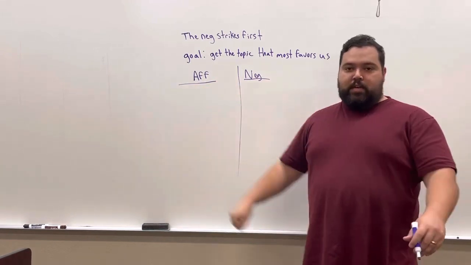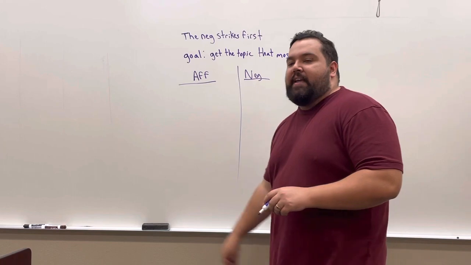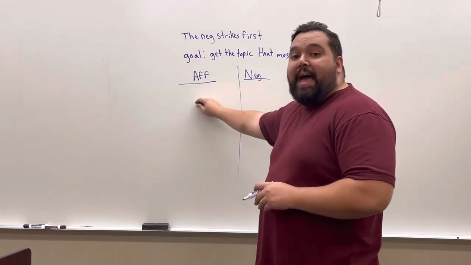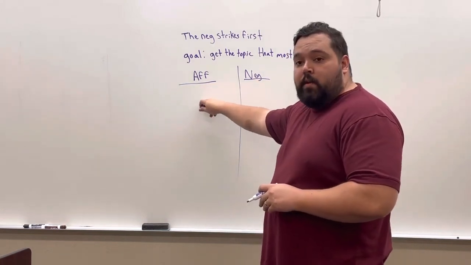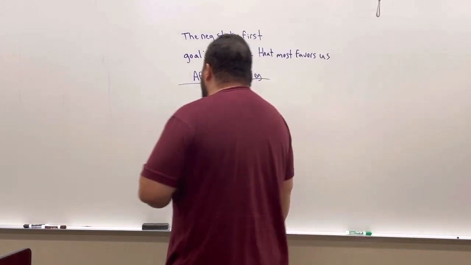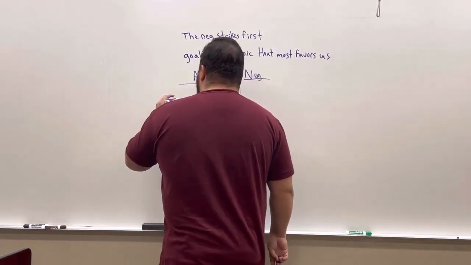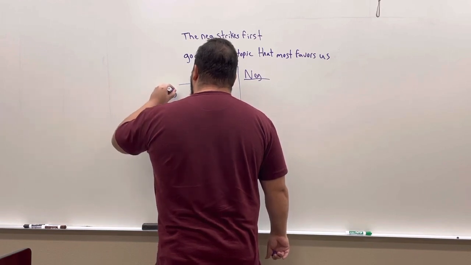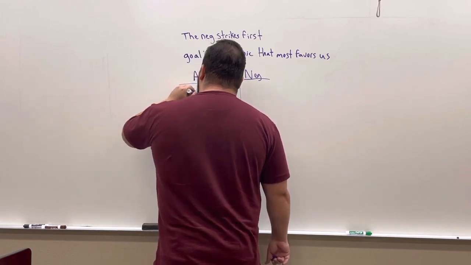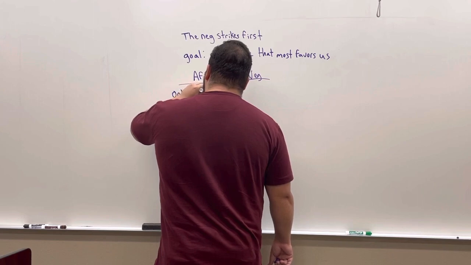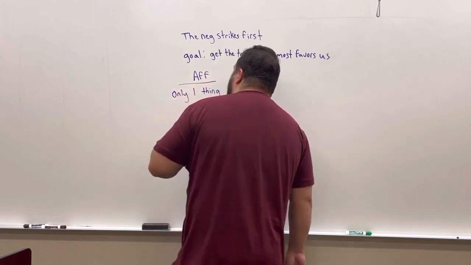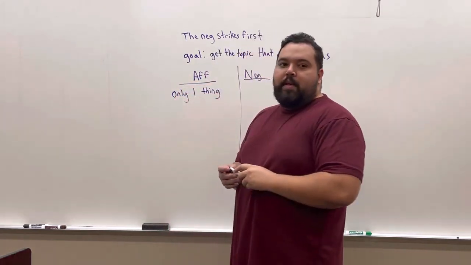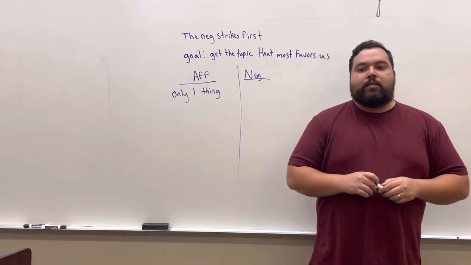First things first, what makes a topic bad for the affirmative? These are all going to be lists of why it's bad for the side I write it on. Something really bad for the affirmative is if the topic makes you defend only one thing. There's only one thing or only one option. And this comes in a lot of different formats.